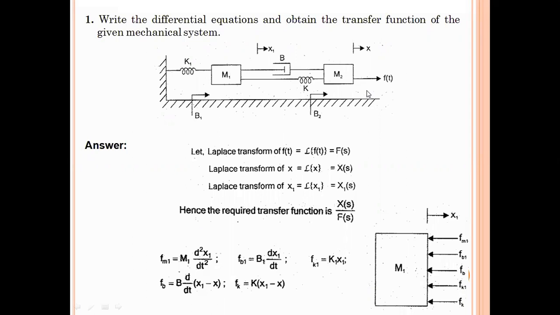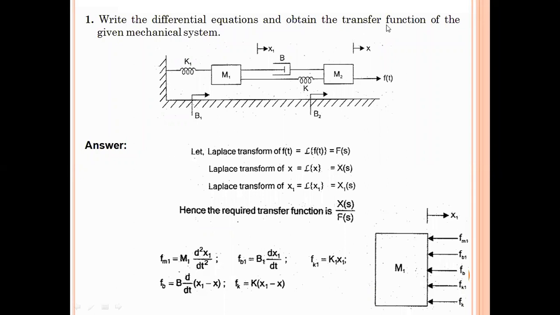So based on the number of mass elements in that mechanical system, the differential equations can be determined. Okay, this is the second rule. So based on these two rules, we can calculate the transfer function of this given system.